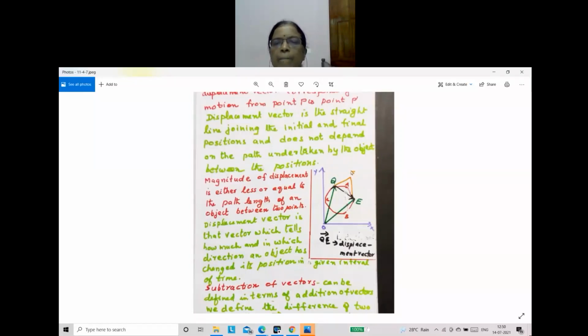So you can take different paths to reach from Q to E. Only for the straight path are the distance and displacement equal.